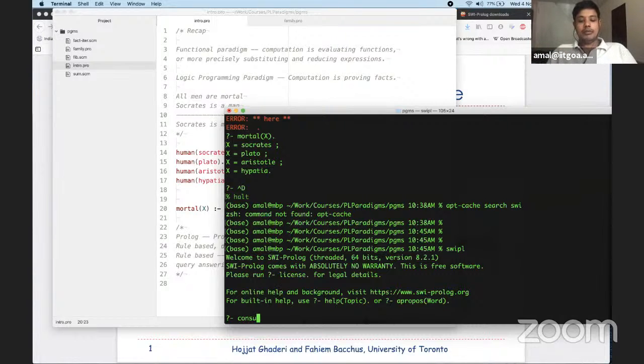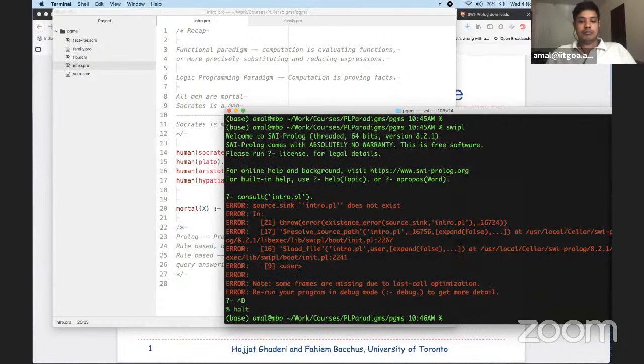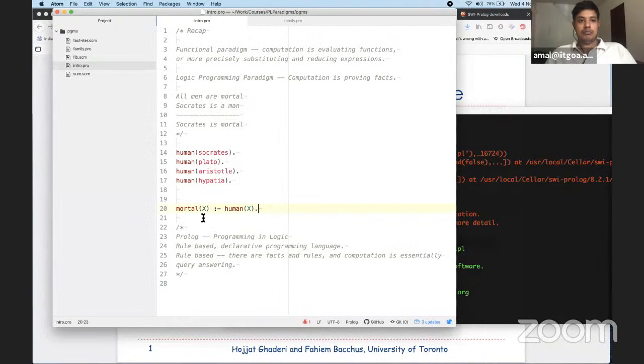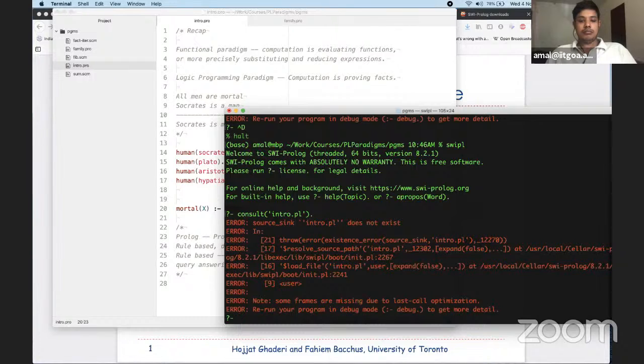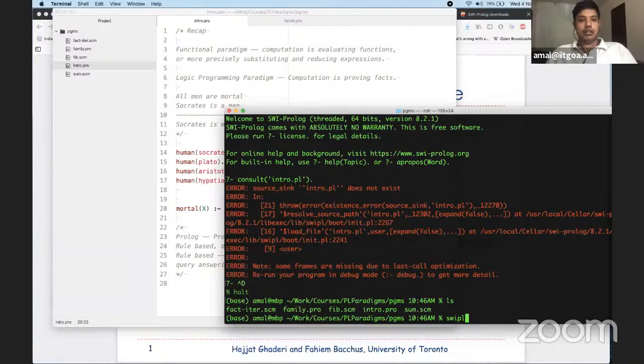Once it comes, you type consult, and then in single quotes the file name, like intro.pl, where pl is just the file extension, and then a dot at the end. No, not pl, sorry, it was pro.